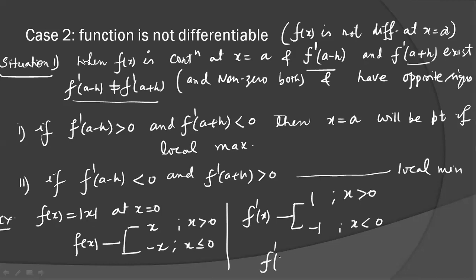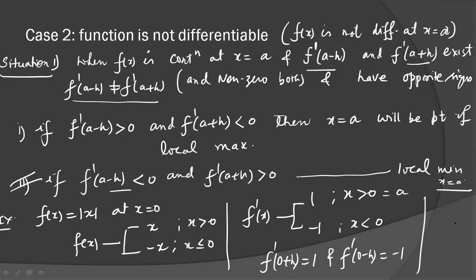It means the right hand derivative is 1 and the left hand derivative is minus 1. Both have opposite nature and they satisfy the second condition, because a equal to 0 here. So the left hand derivative is negative and the right hand derivative is positive, then x equal to a is a point of local minima. You can observe in the mod x graph that x equal to 0 is a point of minima. This can be seen by the graph or by this result also.